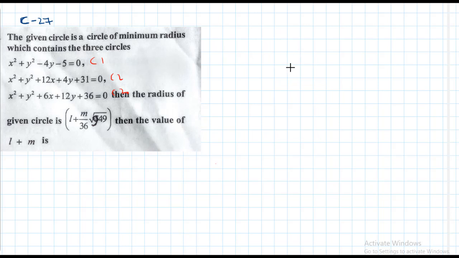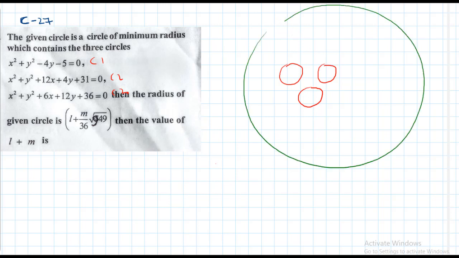Okay, a rough sketch of this problem: 3 circles are given. We want to find another circle which contains these 3. This may be another circle, and all the 3 circles are contained in it. But what is the important thing? The required circle is not this, because the required circle should have minimum radius.